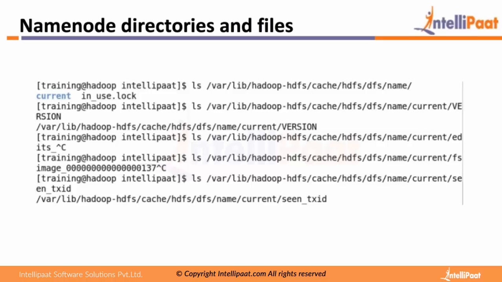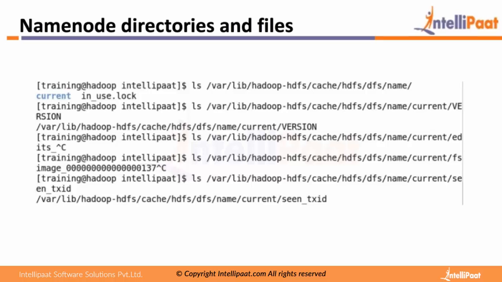So name node will create a directory inside the base directory as dfs/name. Okay, so we will see what are all the different files and folders it will create inside dfs/name. Name here stands for name node. So this is the directory in which the name node will keep its files. When you say name node is keeping its files, it means these files have the metadata information of the data which is present in the cluster.